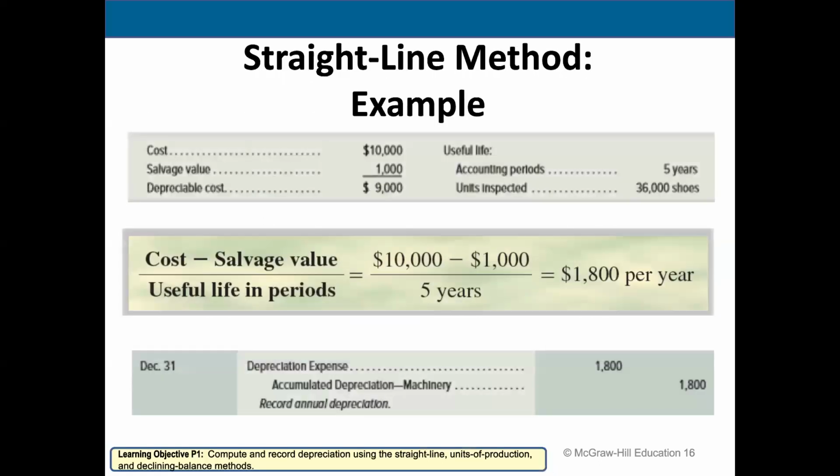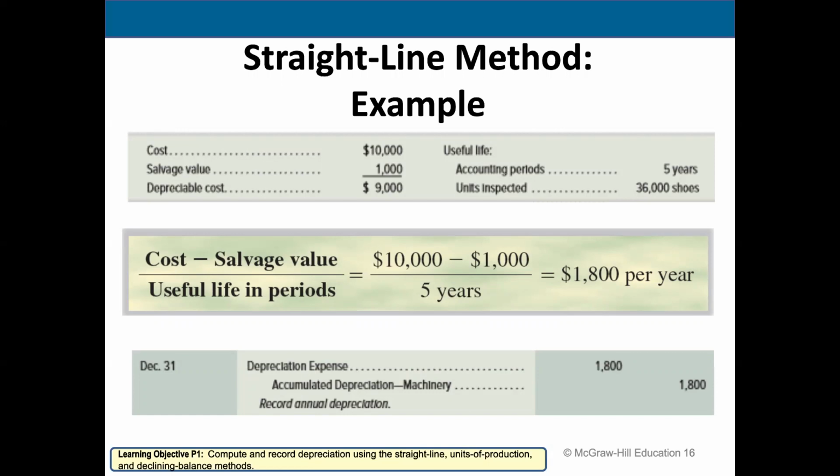With the straight line method, we always use this formula: our cost minus our salvage value, divided by our useful life in periods. In this case, it's asking us to figure out how much we're going to depreciate in 1 year. It is something you have to pay attention to. Sometimes you'll have a problem where they bought the asset 3 months ago and now it's the end of the year and they want us to do the adjusting entry for depreciation for the year.